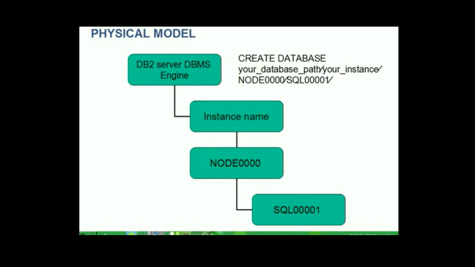This subdirectory differentiates database partitions in a logically partitioned database environment. Below the node name directory, a subdirectory named SQL00001 is created. This contains objects associated with the first database created, and subsequent databases are given higher numbers. For example, SQL00002 and so on.